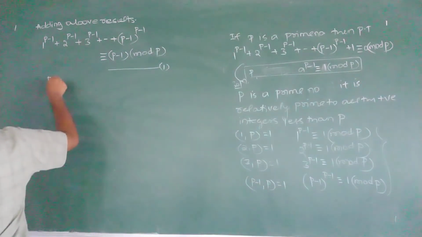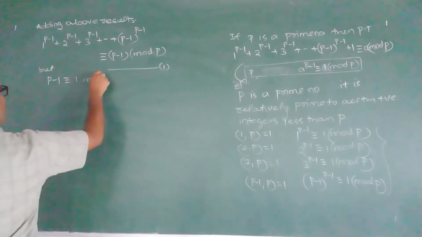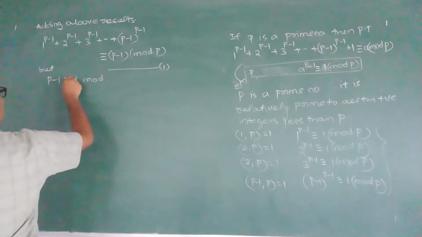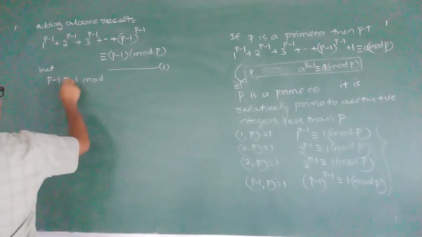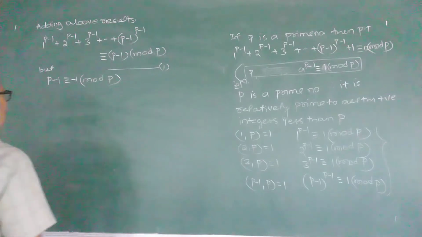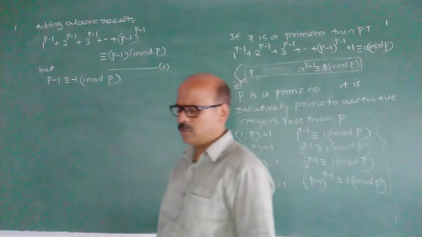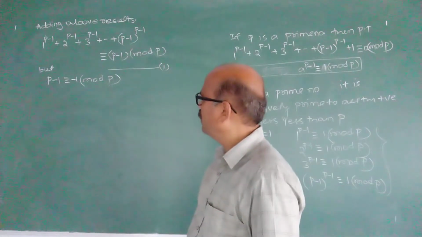But p minus 1 is congruent to minus 1 mod p. Correct?